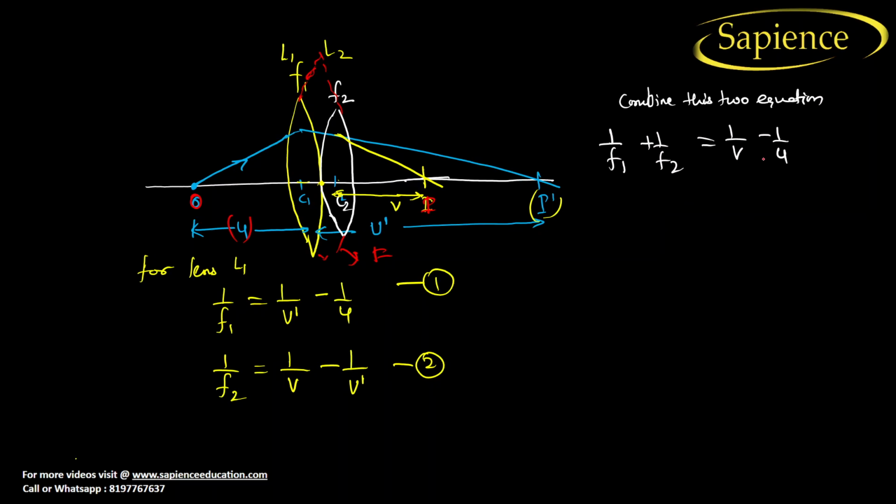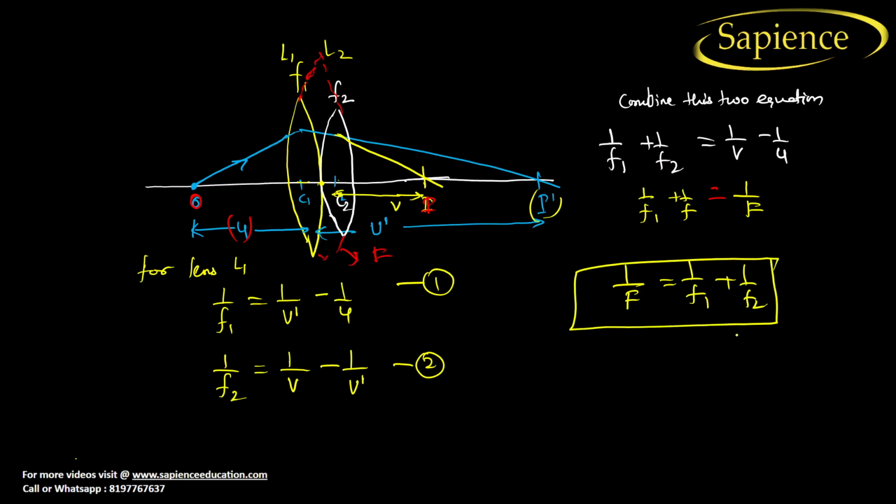So can I tell that 1 by v minus 1 by u can be written as 1 by f? Definitely we can, and this is equal to 1 by f1 plus 1 by f2. So finally what we have got is 1 by f equals 1 by f1 plus 1 by f2. This is the formula for the combination of lenses.